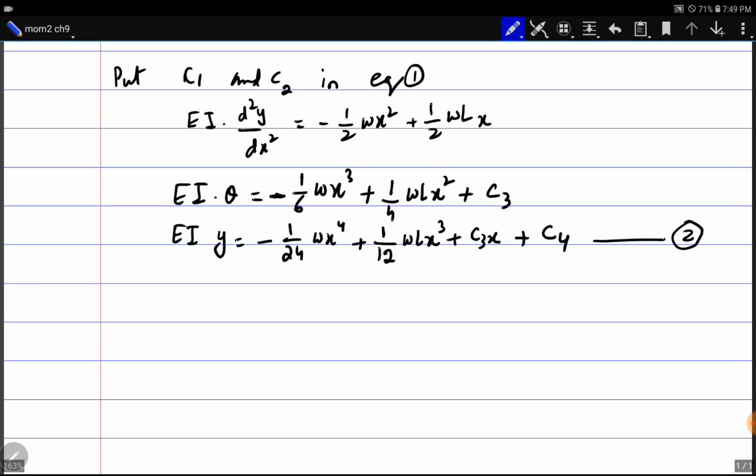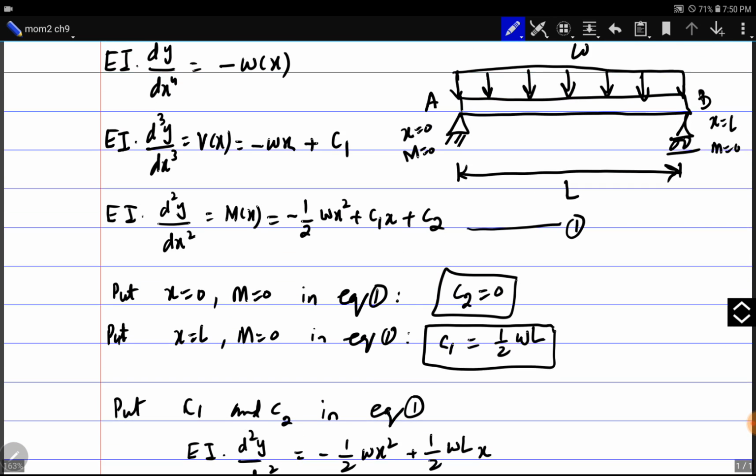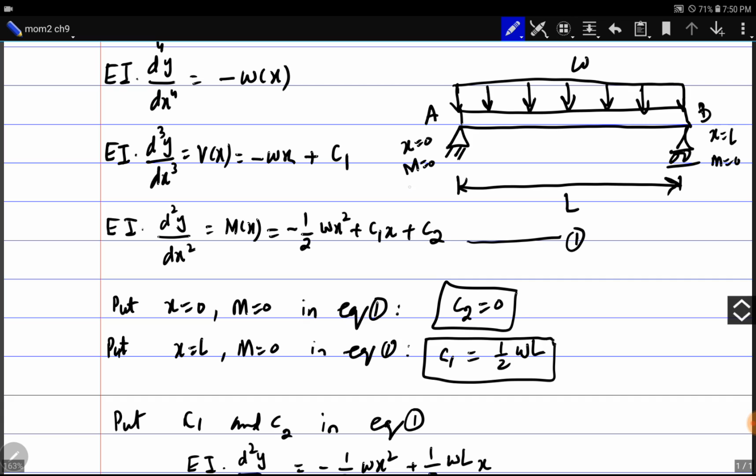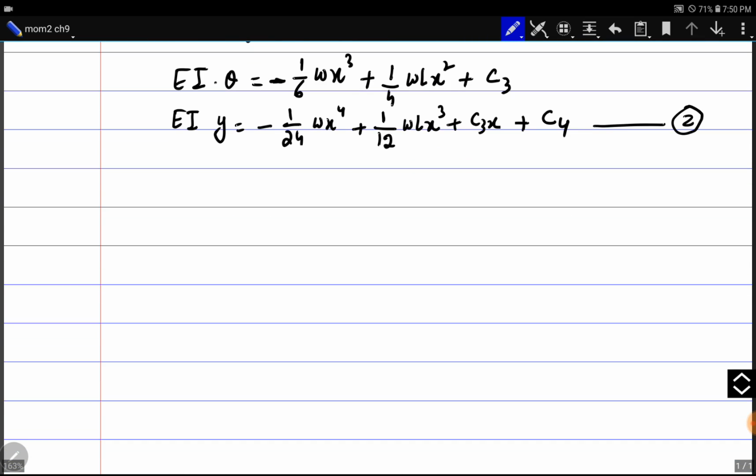Here are again two unknown constants, C3 and C4. Let us calculate C3 and C4 using boundary conditions. What are the boundary conditions? At x equal to 0, y is 0. At x equal to length, y is 0. We have already discussed these boundary conditions for simply supported beams. So by putting x equal to 0, y equal to 0 and x equal to L, y equal to 0 in equation number 2, we can find C3 and C4.